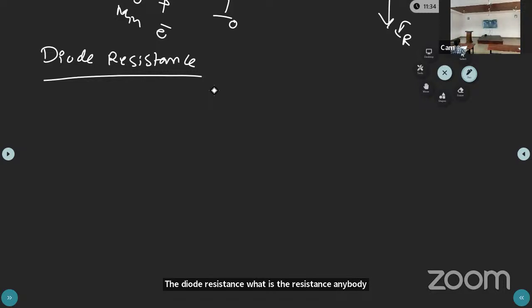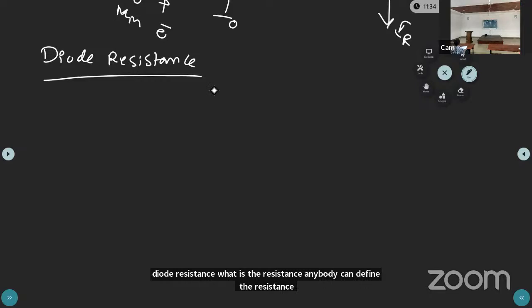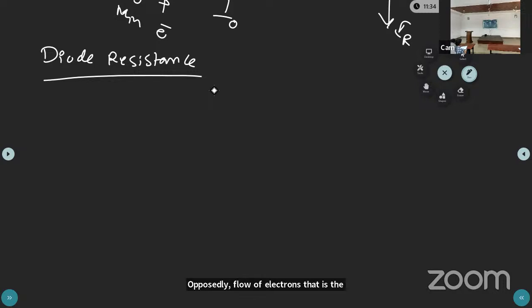It opposes the flow of electrons. That is the definition. Okay. Now define the resistance in terms of voltage and current. Resistance is defined as the ratio of voltage to current, that is R is equal to V by I. The general property of resistance is that it opposes the flow of electrons.